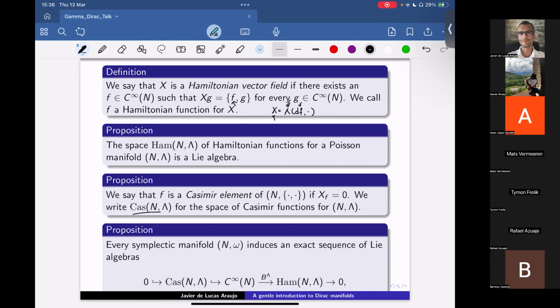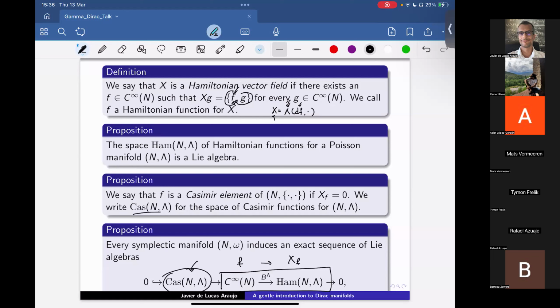It's the Casimir of functions of the Poisson bivector, and as in the symplectic case, you will have a new sequence of Lie algebras. But now, when you map every function to the Hamiltonian vector field, which is unique because this is a derivation and there is just one vector defined by the function, the kernel of this map is just the Casimir functions of the manifold.